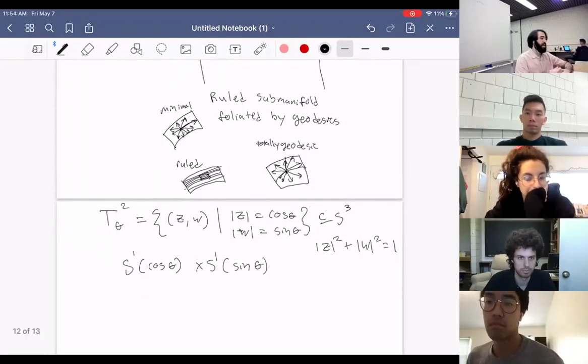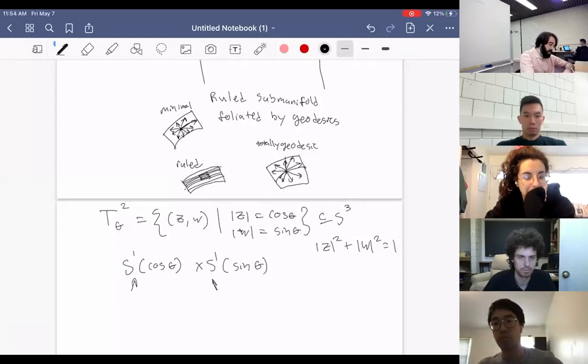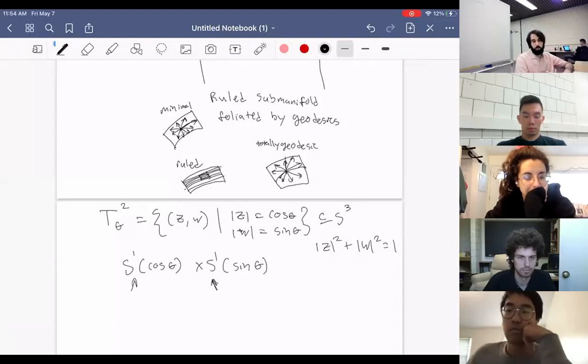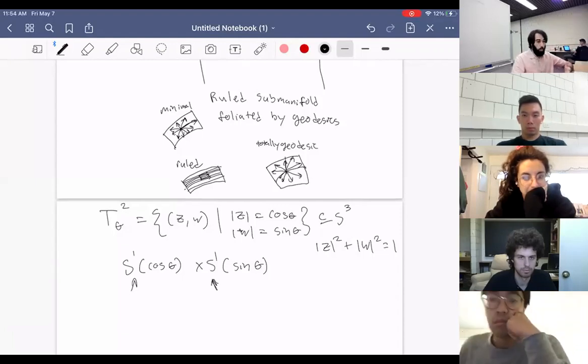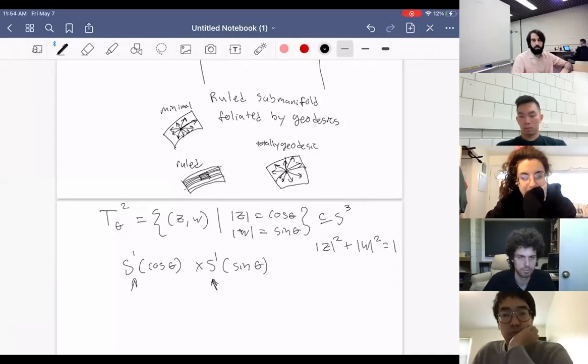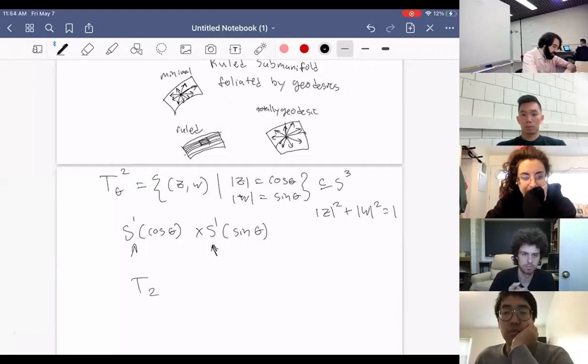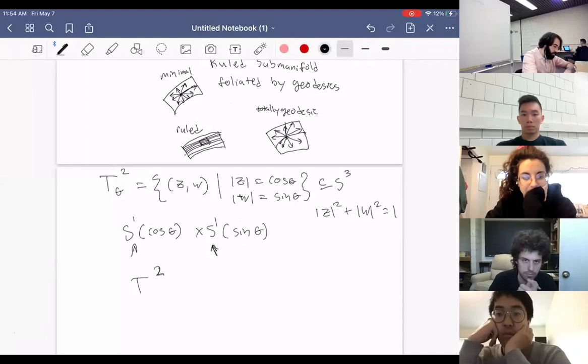And whenever we have the Riemannian product of something, we can look at the curvatures of this guy and this guy to find the curvature of the total space. Fortunately, one-manifolds are always flat. There is no intrinsic curvature in any one-manifold, which means that all of these tori are flat.